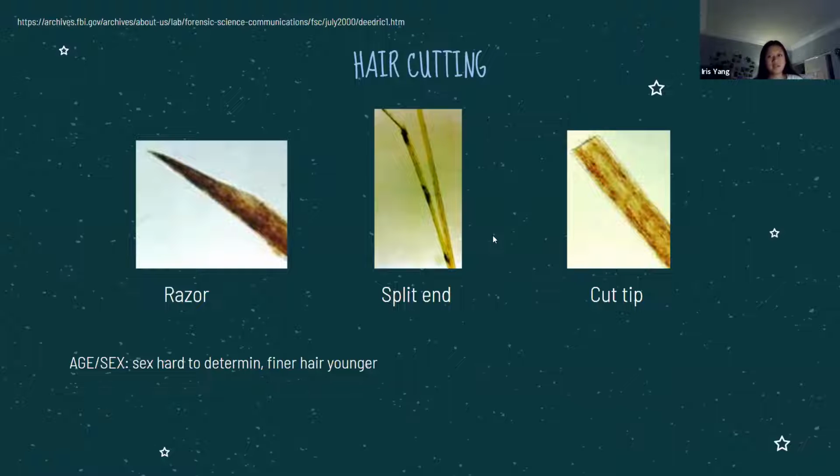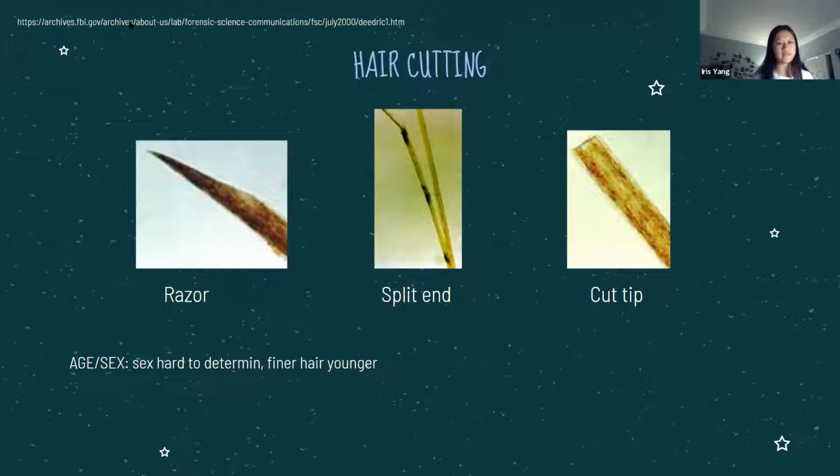Age and sex are kind of hard to determine using hair, especially different genders, because usually the hair is roughly the same, except girls usually have longer hair, but no stereotypes for us. Usually when you're younger, your hair is more fine. Babies have super fine hair, like little wispy hairs if you touch them, and as you get older it gets thicker.